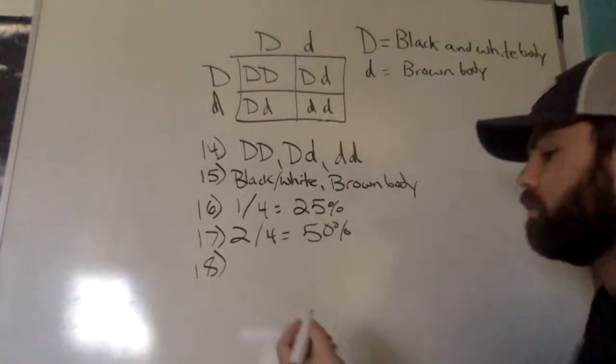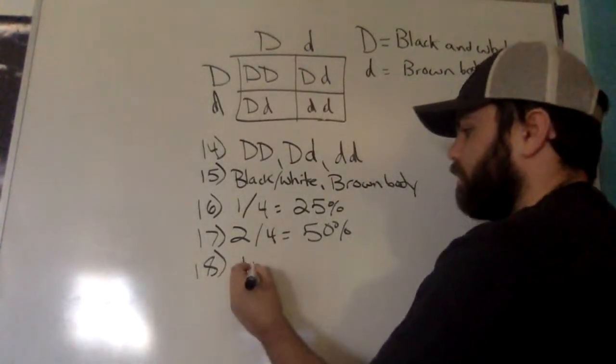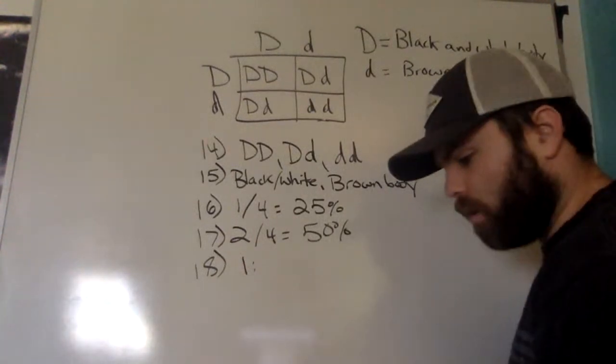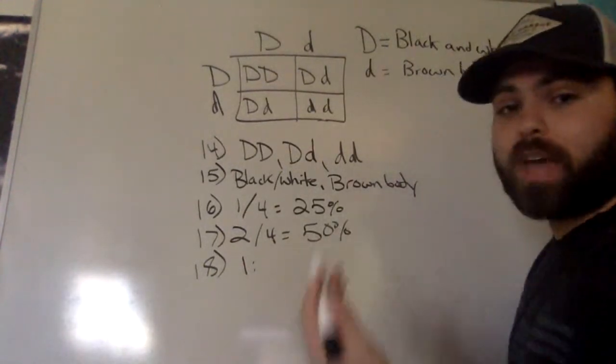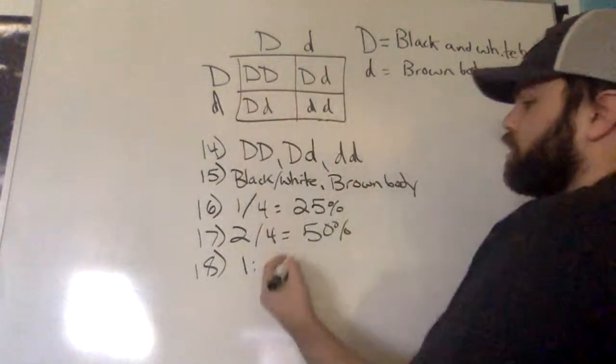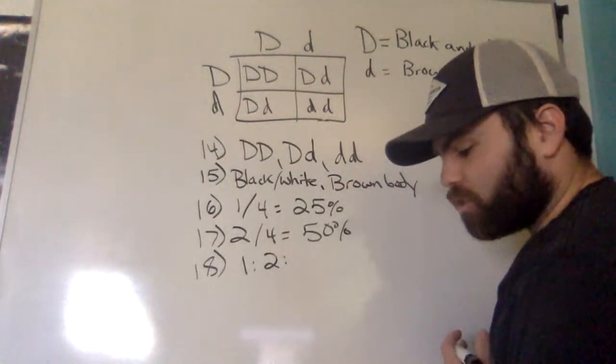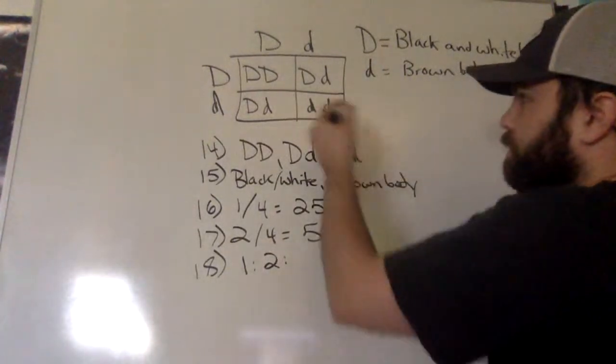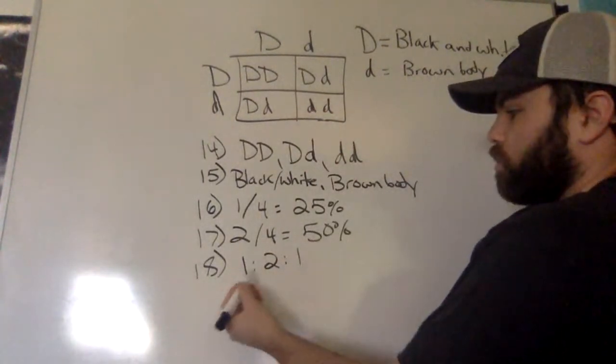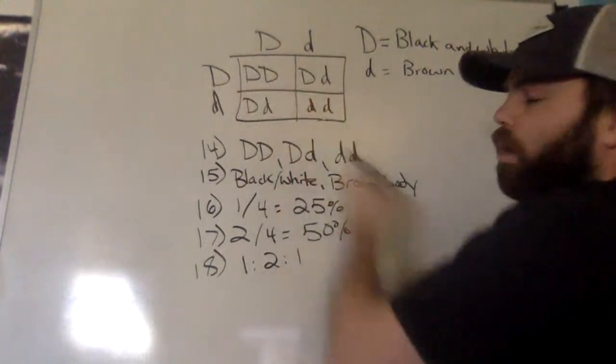So we got 1. Now the next thing is heterozygous, so that means there's 2 opposite. So now we have 2 of them. And then the last one is homozygous recessive, and we have 1. So it's 1, 2, and 1.